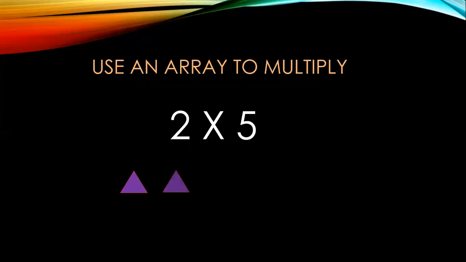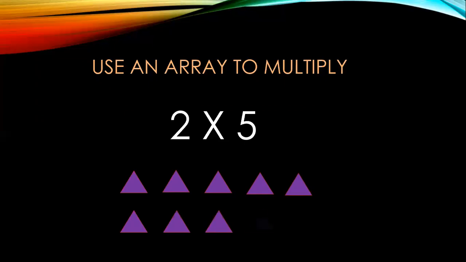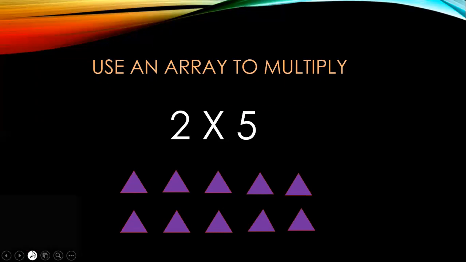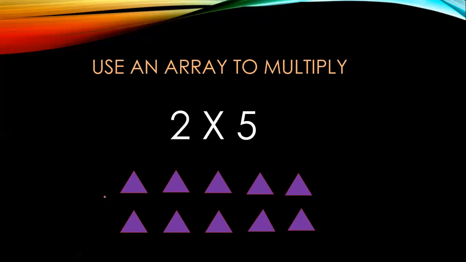1, 2, 3, 4, 5. 1, 2, 3, 4, 5. So I have constructed my array. I have 2 rows, and I'll use a pen here just to show you the rows. Here's 1 row, and here's my 2nd row.